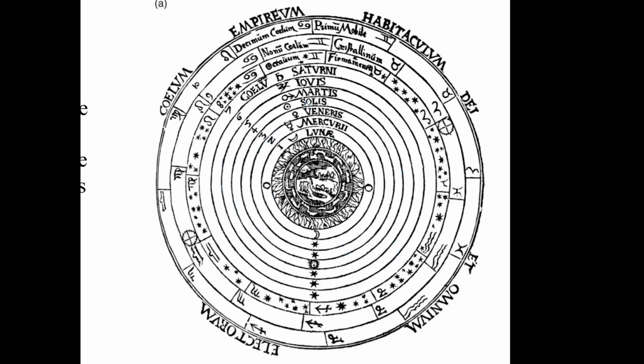Another thing I love about this picture is the order of things. We go on Earth, you can see these a little bit Latin. It's the moon, Luna, Mercury, Venus, Solus, our sun, Mars, Jupiter, Saturn, so on and so forth. And I love that the sun is the third object away from us, skipping the moon.